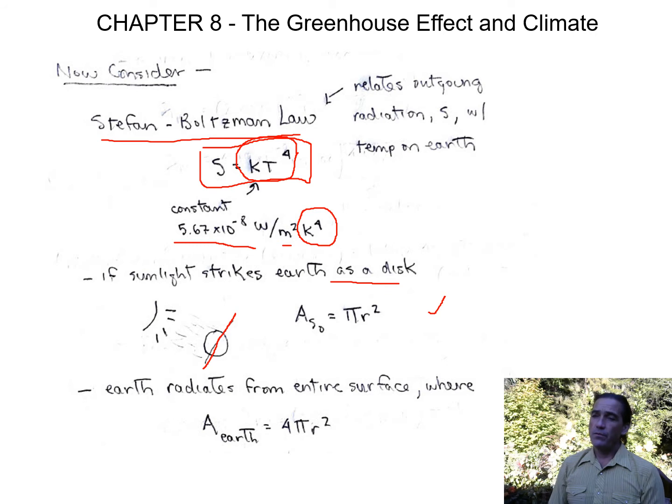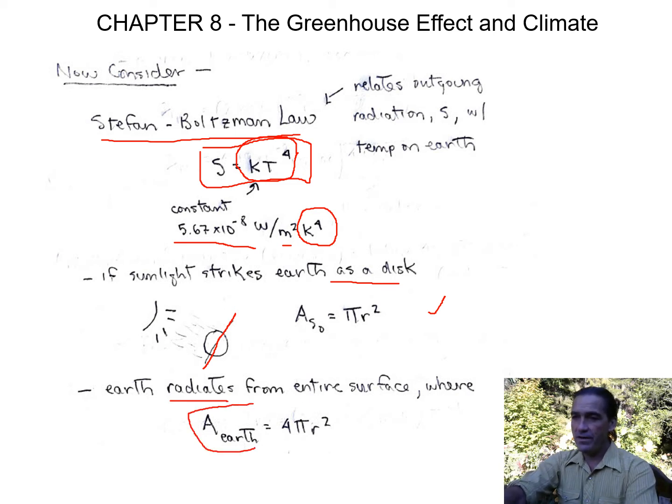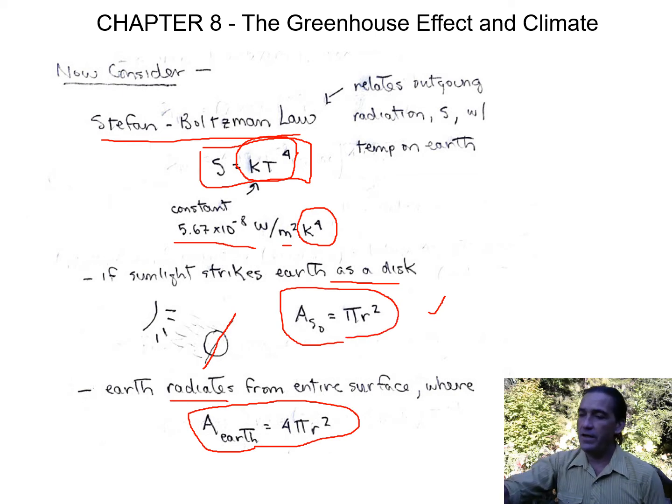Then we also realize that that's the way in which the energy is absorbed, but in terms of the way the energy radiates, it radiates from the entire surface of the Earth. So in terms of radiation coming from the Earth, we need to consider the surface area of the Earth, and that is this equation here. So we have these two relationships that we're going to take another step further.